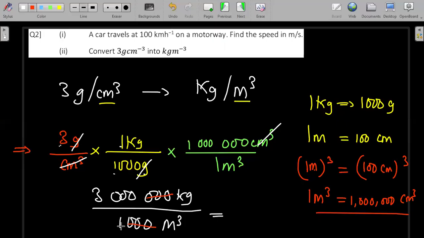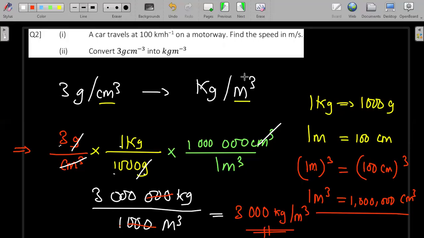So I just get 3,000 kg per cubic meter. That's how we can convert that one to kilograms per cubic meter.